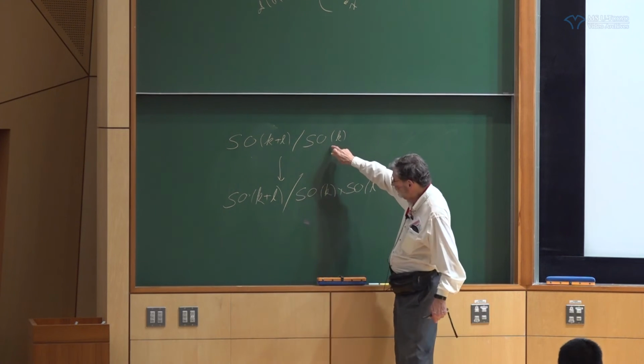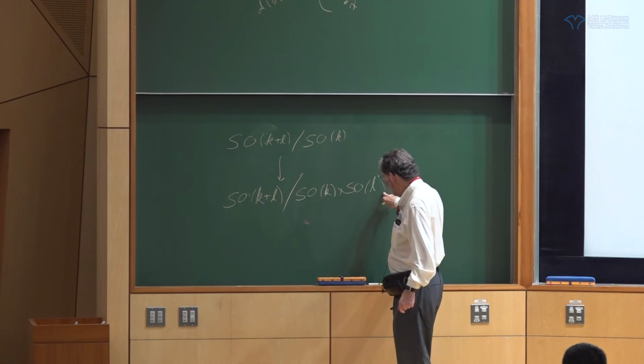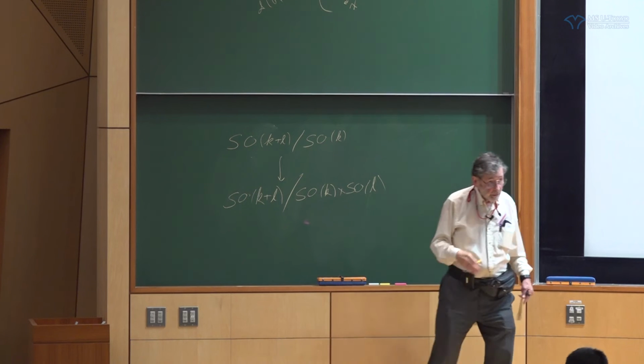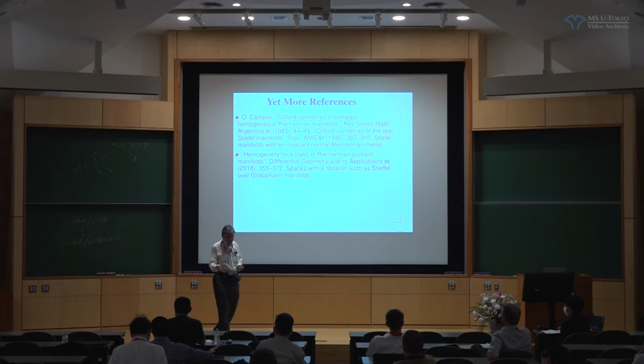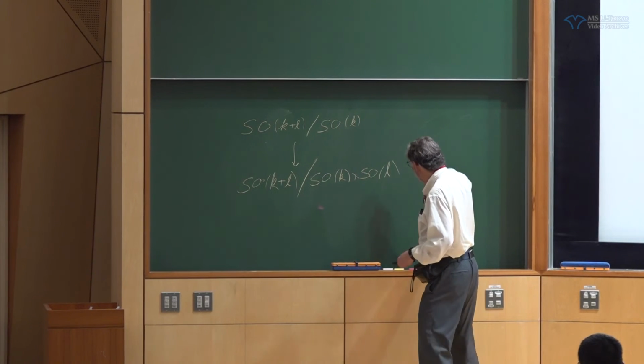So the Stiefel manifold is fibered over a Grassmann manifold, and of course the fiber looks like a group manifold, SOL. So it's a typical situation where you have symmetric spaces, where you understand the isometry groups very well.